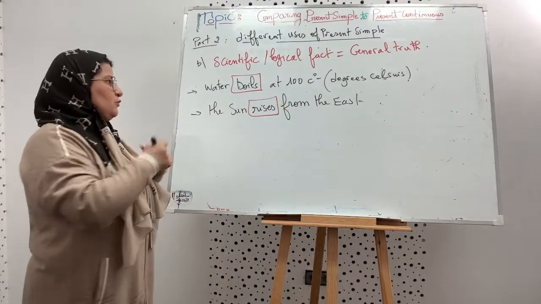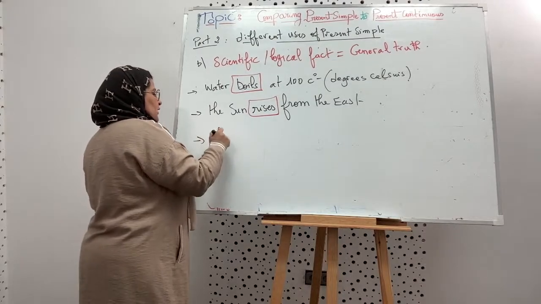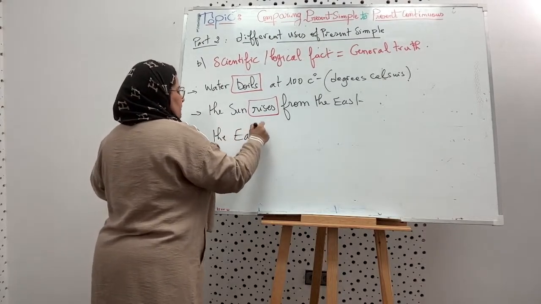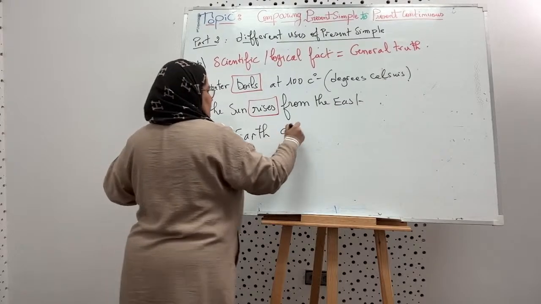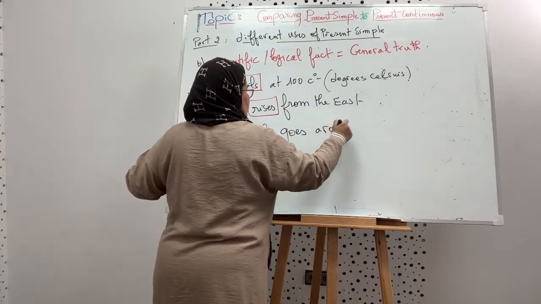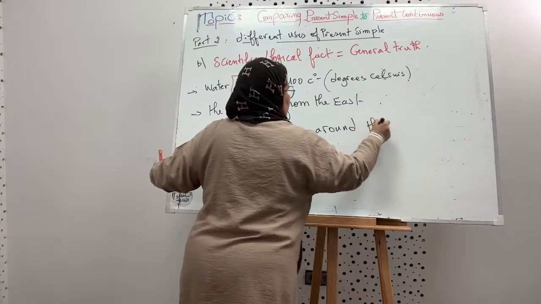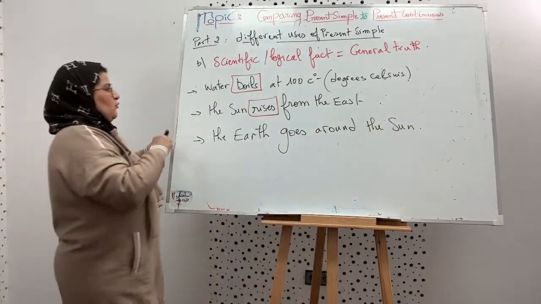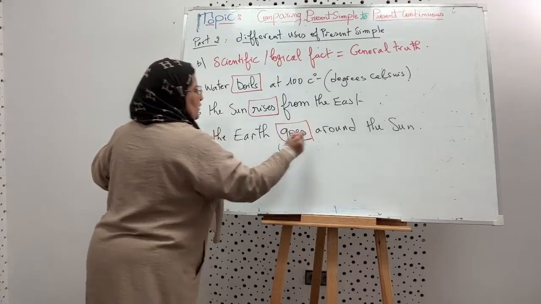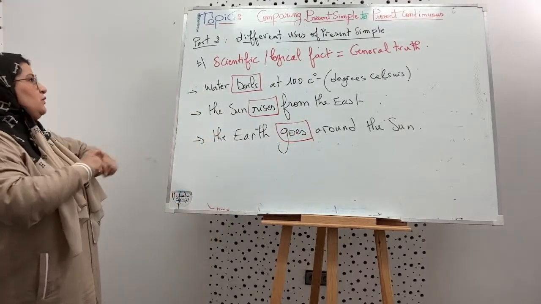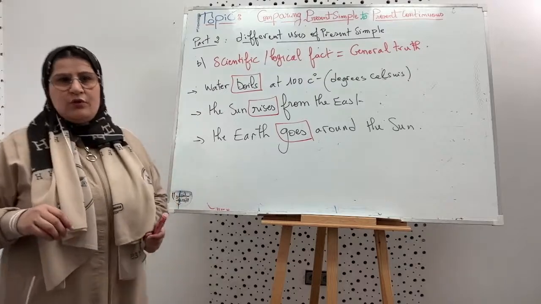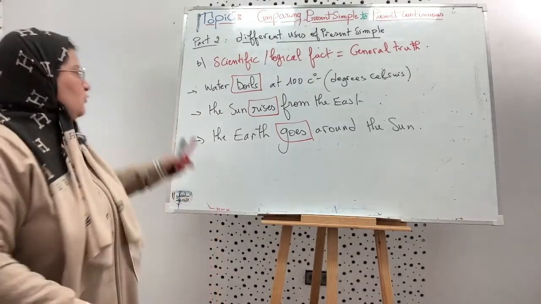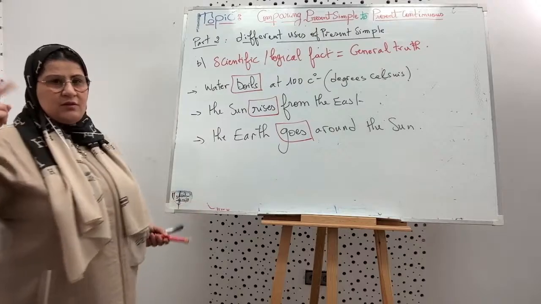Also, scientists say that the Earth goes around the sun. You see, here is another scientific fact. So this is the second basic use of the present simple: we are talking about scientific facts.